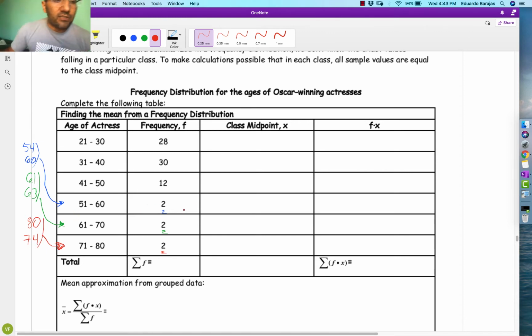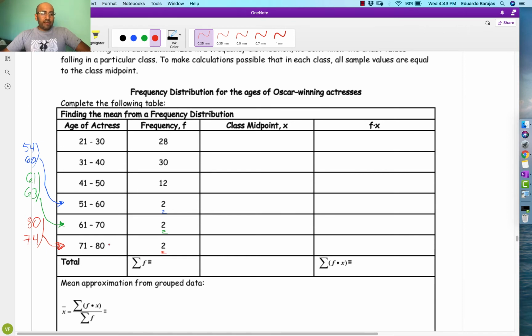We didn't have access to the original information. This is it. So let's come up with a way in which we can approximate, get a pretty good sense of what that population mean is going to be from this group data. Okay, so let's go over here to these people.